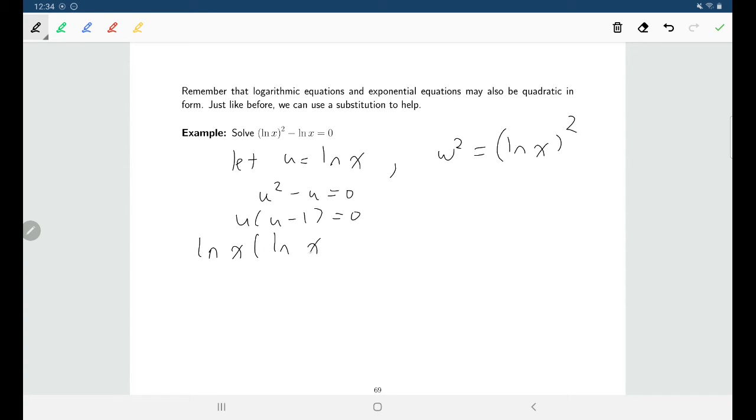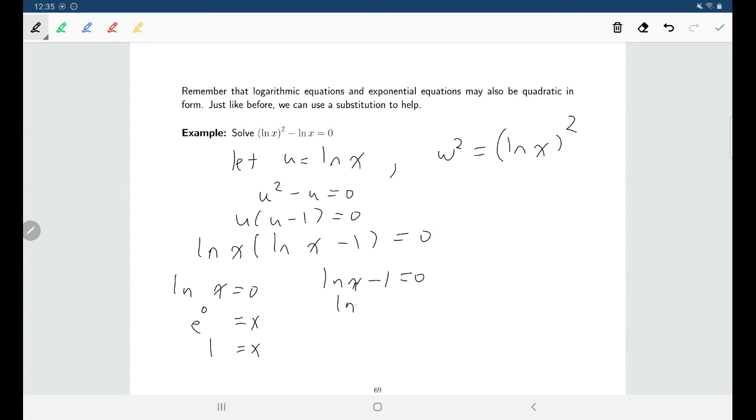Either way, we come up with two potential solutions. Either natural log of x is 0, or natural log of x minus 1 is 0. And that gives us two solutions. If natural log of x is 0, then that could be rewritten as the exponential equation e to the 0 equals x, or x equals 1.